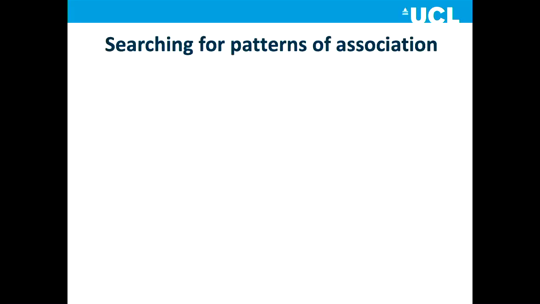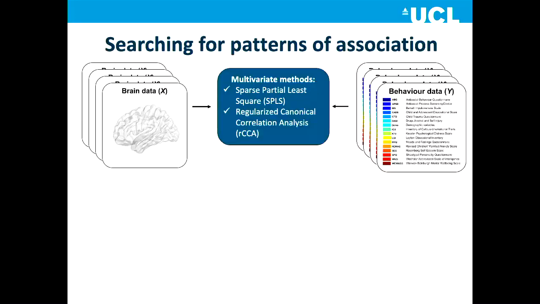There are different models that find these latent dimensions of associations. I will just show an example of a few of them. Multivariate approaches such as sparse partial least squares and regularized canonical correlation analysis can find these latent dimensions of associations between brain and behavior.